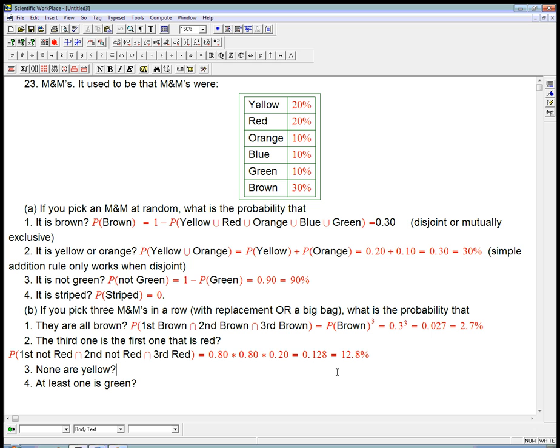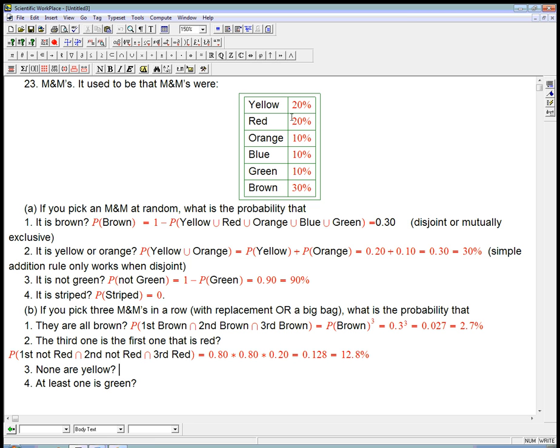What is the probability that none are yellow? None are yellow means the first one is something besides yellow, the second one is something besides, the third one is something besides. Whenever you have a condition like none or at least one, you might want to start thinking about complements. So we could think about yellow, or we could think about all the others.